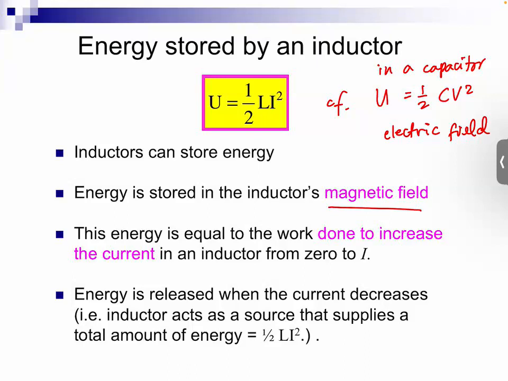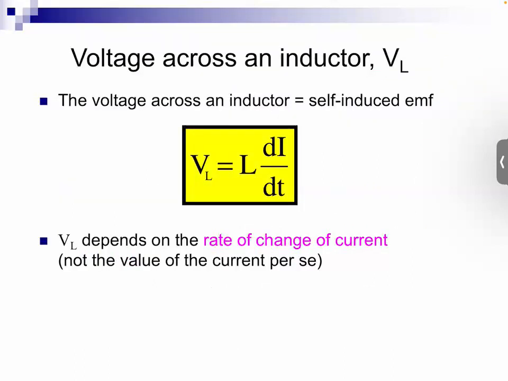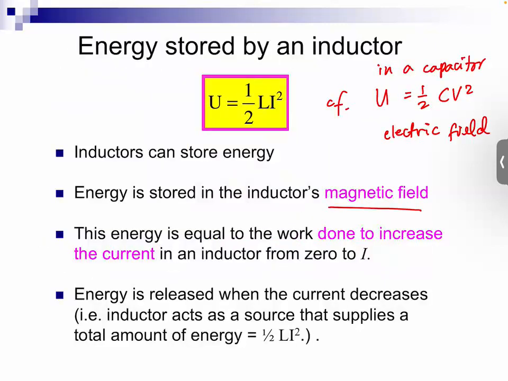So the inductor is sort of a cross between the resistor, which opposes changes in the current, and the capacitor, which is able to store energy. Of course, if the inductor can store energy, it can also release energy, and the amount of energy it can release is equal to the maximum energy it can store.